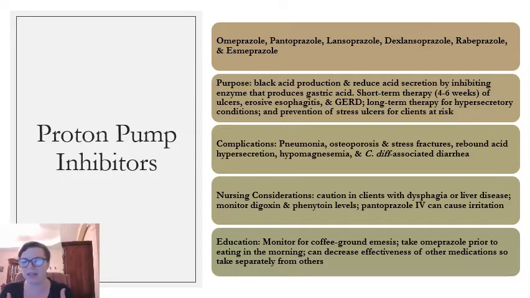So you've got to think about it, because we do need the acid to break down our food and medicines, but if we're inhibiting it, then we might not get the full effect of other medicines. So we do need to be mindful of that, and even maybe take them separately from other medications.